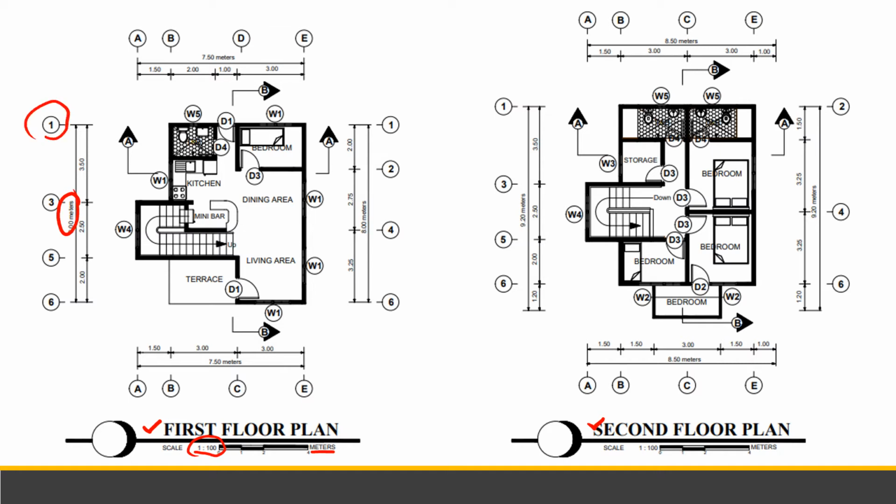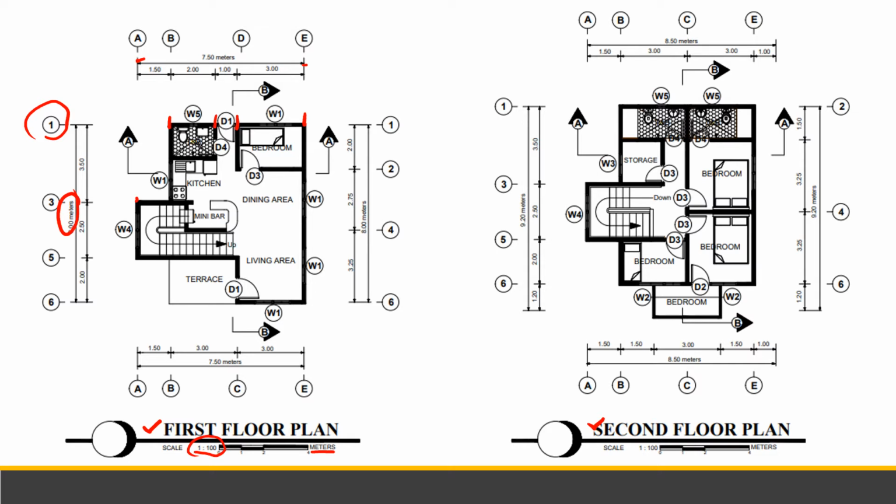This will guide you so you don't get confused about which side you are looking at, which side of the house you are viewing, especially since this is used in elevations. There is a total dimension of 7.5 meters, and also dimensions at each corner. Dimensions are placed here for the CR, the door, the room. So, there should be dimensions on all sides.